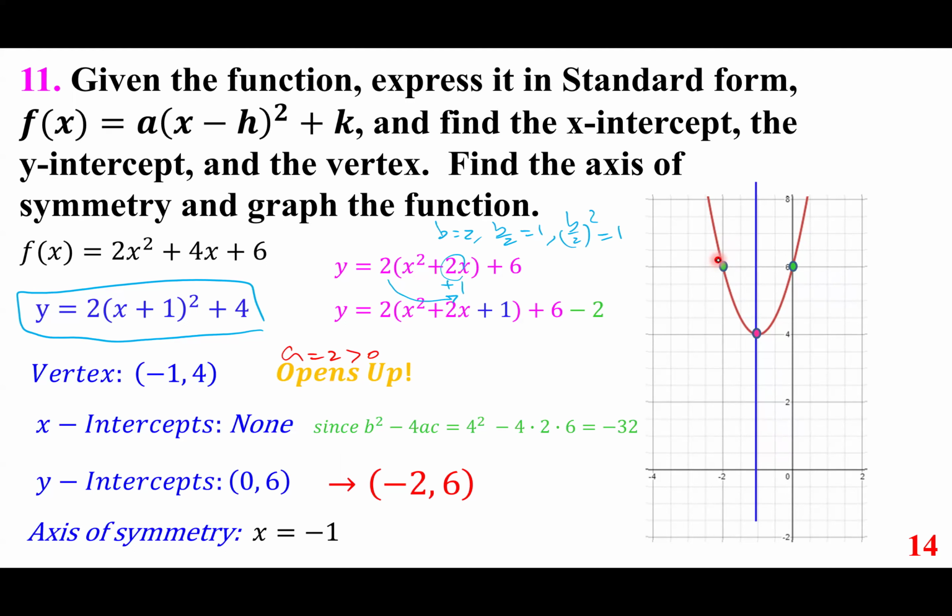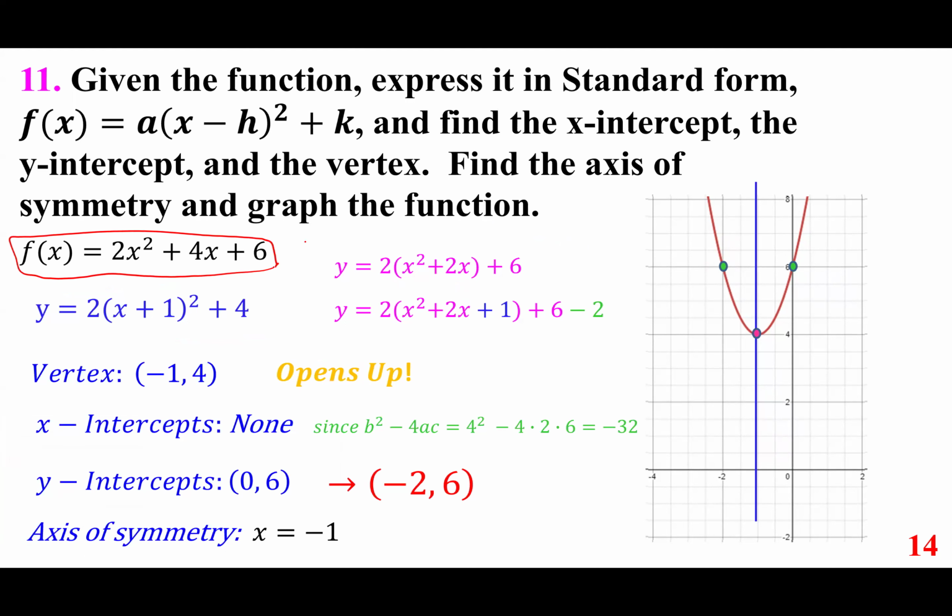Now, what I want to add is this. Let me erase the work. If you don't want to complete this square and you just want to find the vertex, because they're asking you to put that in that format anyway, you have to go over the completing the square.